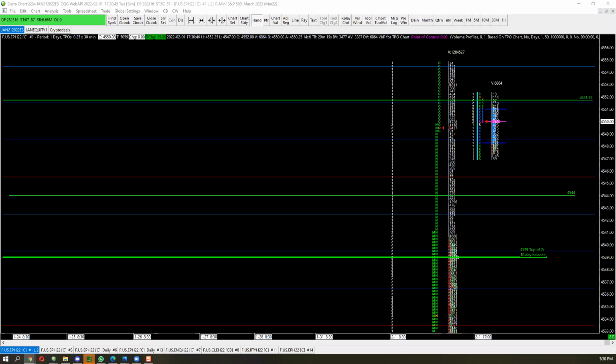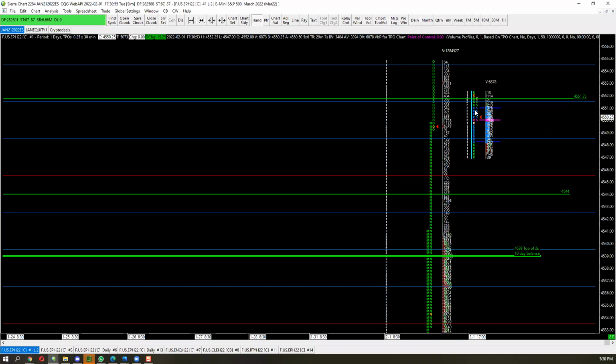Poor lows, poor highs, excess, all of that you can find in the glossary there. What I use profile mainly for is to tell me where I can expect buying and selling.